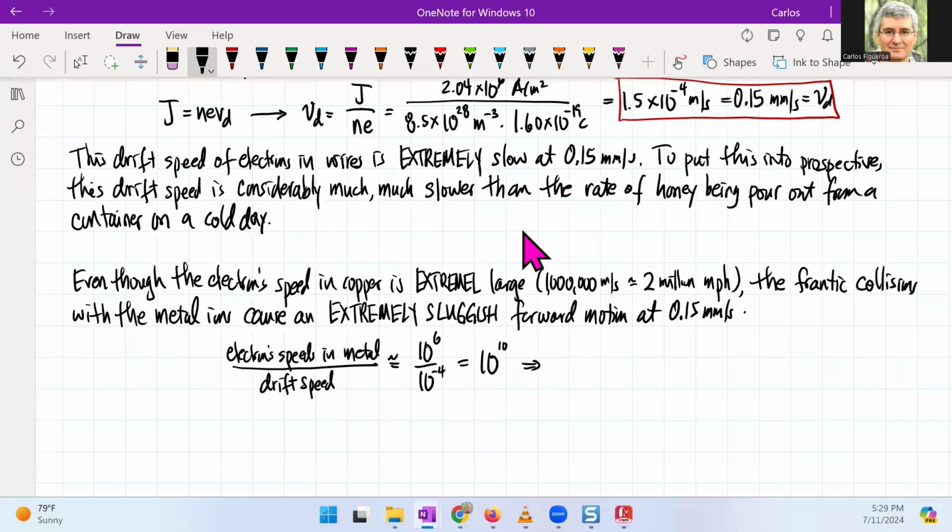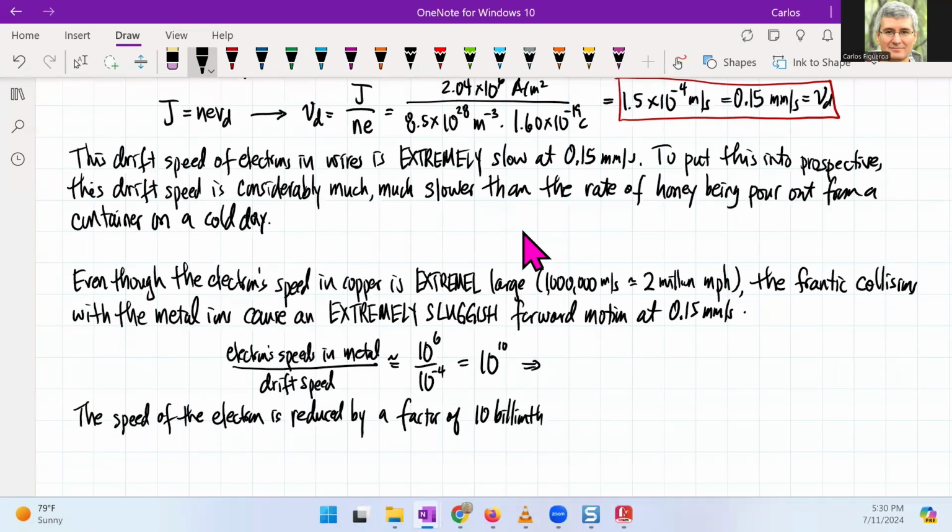So that means here that the speed of the electron is reduced by a factor of 10 billionth of its original speed without collisions.